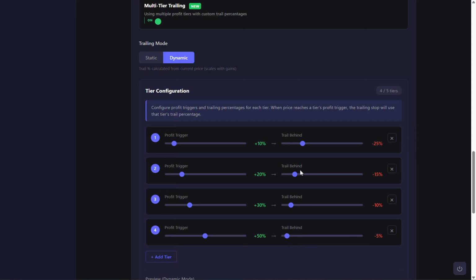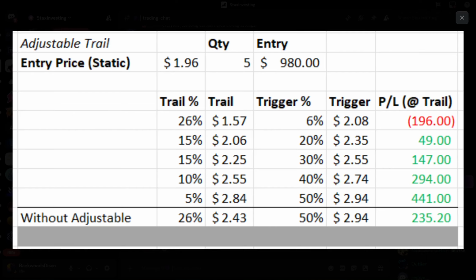So this is the benefit of that. Rico actually did a great graphic for us explaining this. So you can see here, this is taking a $1.96 price entry with a static trail, which I'll go over in a second. Quantity 5. So basically the total cost of this trade is $9.80.